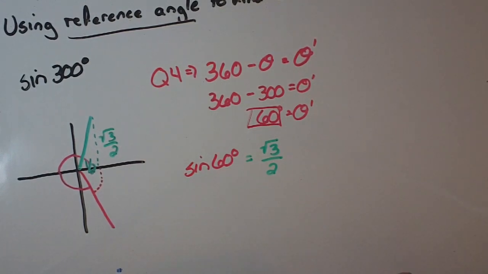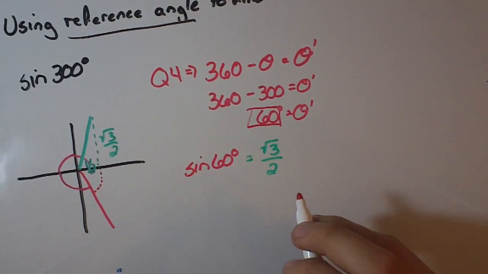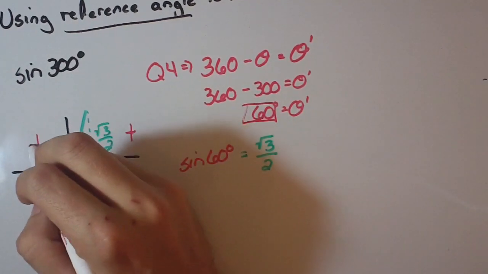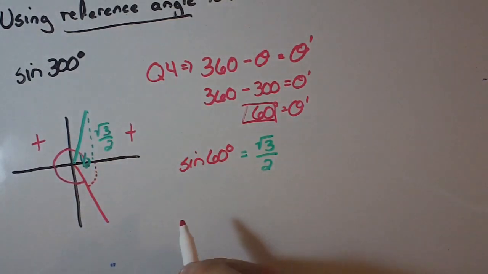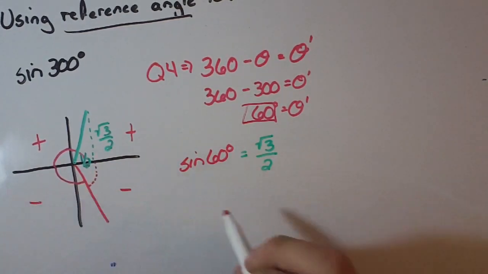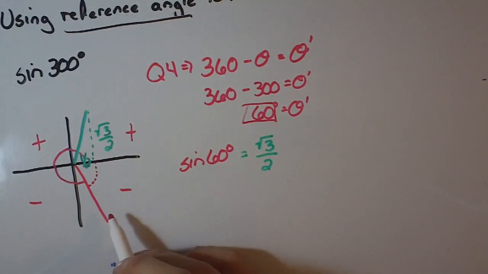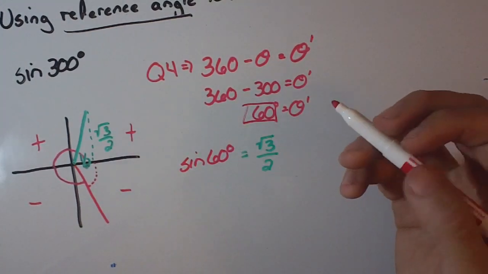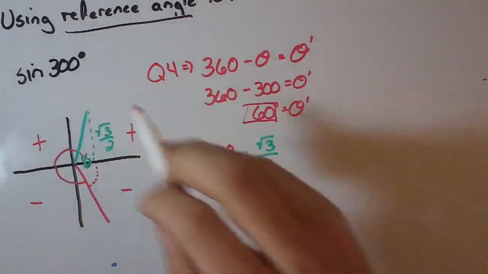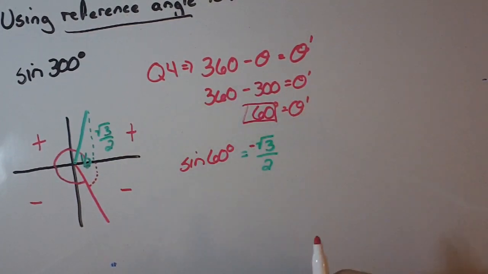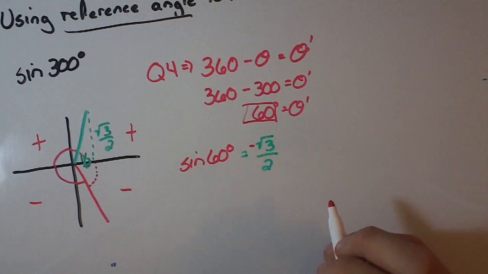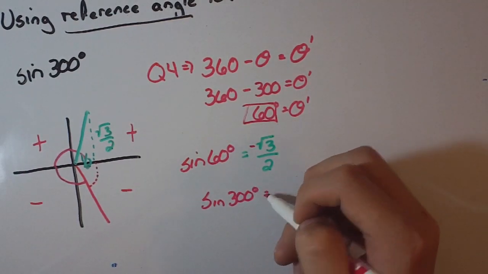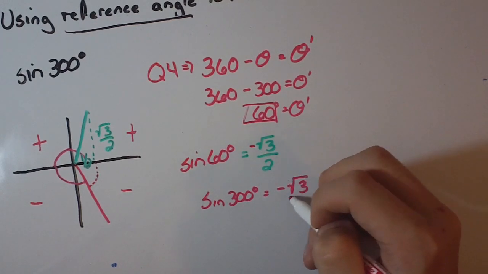Again, sine refers to y values, so anything above the x-axis is going to be positive, anything below the x-axis is going to be negative. So using this information, we can say that sine of our 300 degrees here is negative square root of 3 over 2. Okay, so sine 300 degrees equals negative square root of 3 over 2.